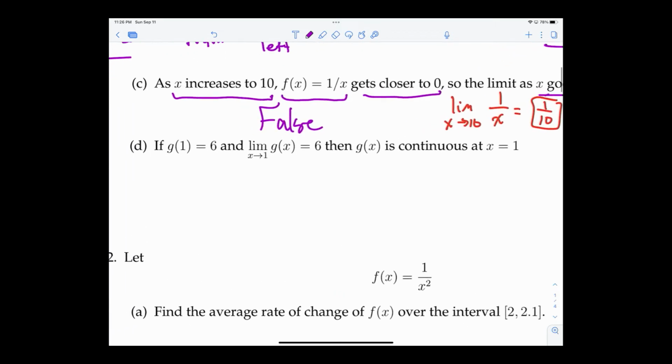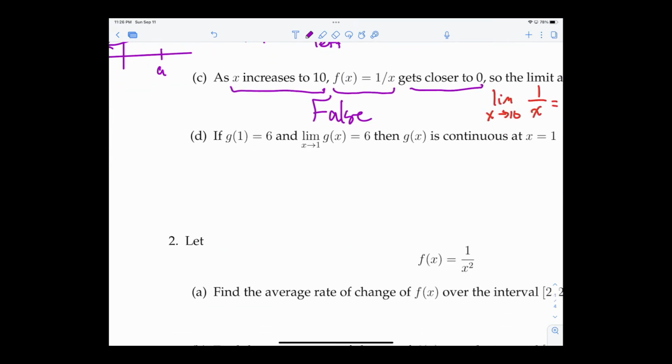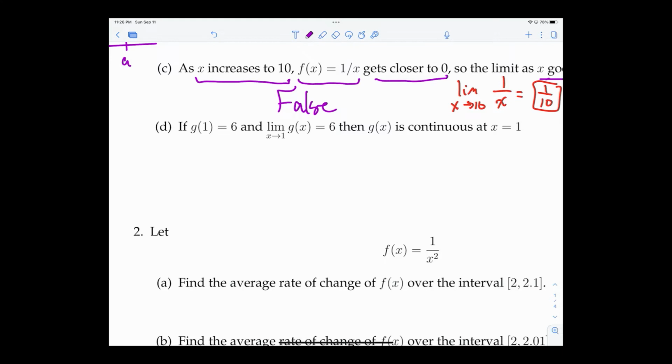Okay, this is similar to B, but I think they give you everything that you need now. Here we have the function value g of 1 equals 6, the limit as x approaches 1 of g of x equals 6, and then g of x is continuous at x equals 1.